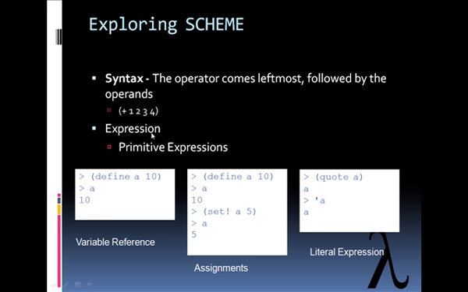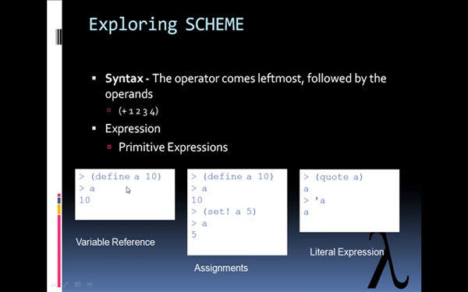Expressions. There are two types of expressions, primitive and derived. First, we will consider primitive. Primitive expressions are, for example, variable references, literal expressions, assignments, and so on. An expression consisting of a variable is a variable reference.